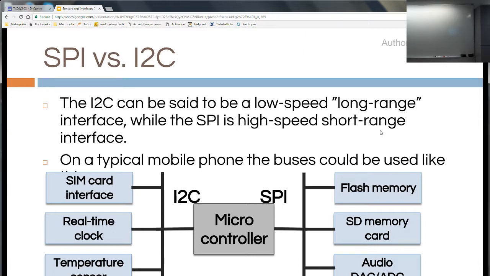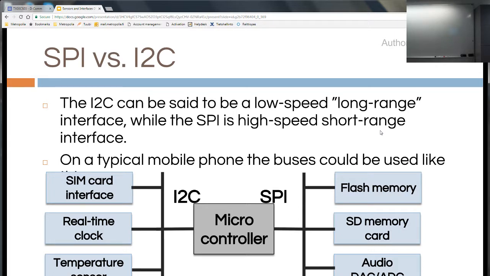Okay, I2C is slowish, but on the other hand, it's an address bus. SPI is not an address bus, but the I2C is. So I2C is nice for transferring a small amount of data from a lot of devices. For example, there is this SIM card interface.